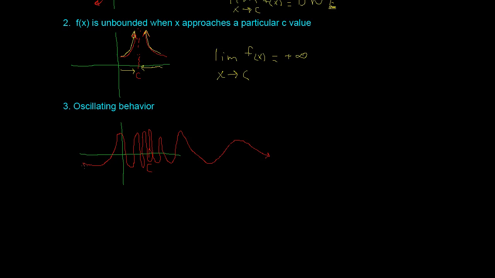Okay, that's not a very good picture, but the idea is that the closer we get to c on both directions, this function is just bouncing up and down, and it's not really coming down on any particular value.